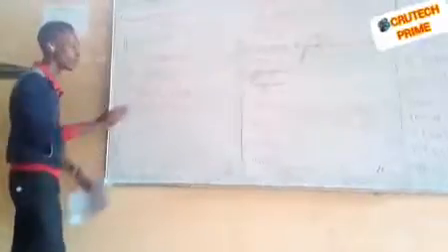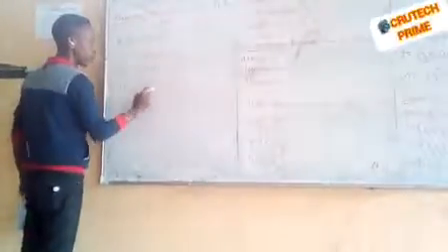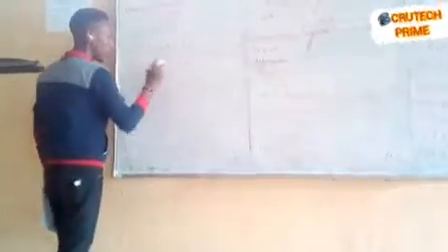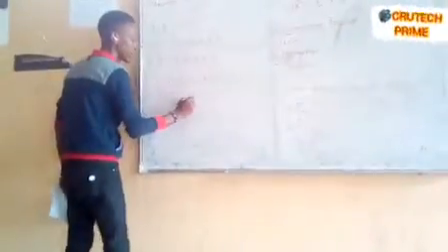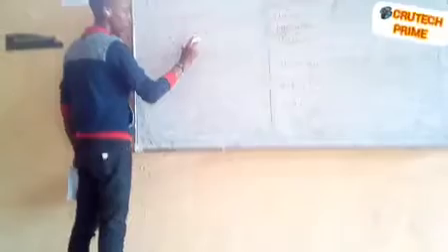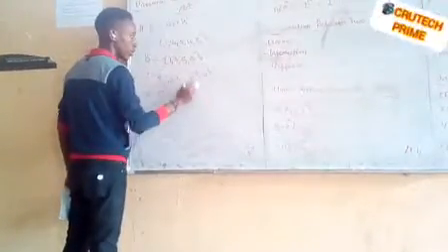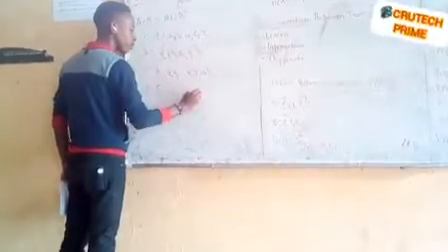There's 3, there's no 4 here, so we have 4. There's 5, there's no 6 here, we have 6. There's no 7, we have 7. There's no 8, we have 8. There's 9 and there's no 10, so we have 10. So this is B complement.